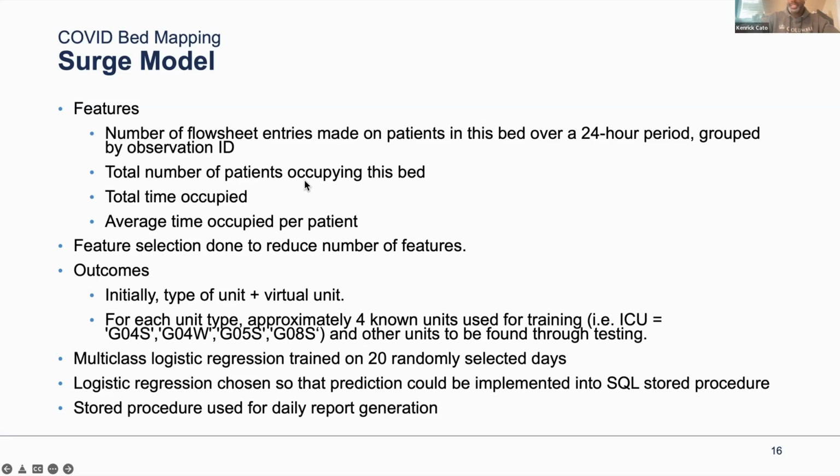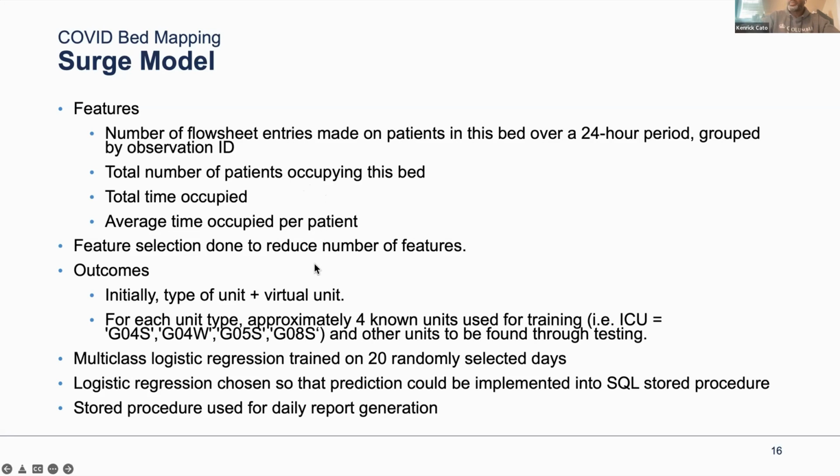When we first started, there were roughly 16,000 different potential features. We actually used a decision tree to do feature reduction to see which features performed the best for this task.